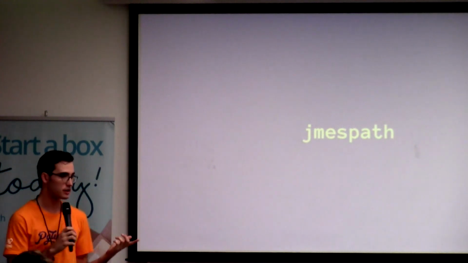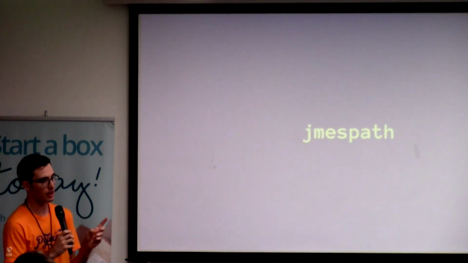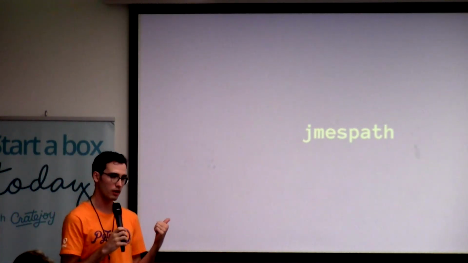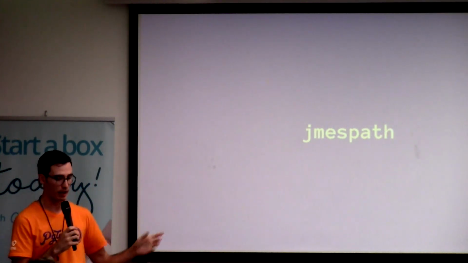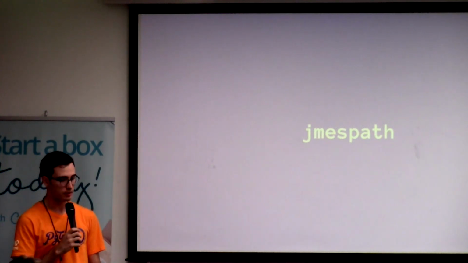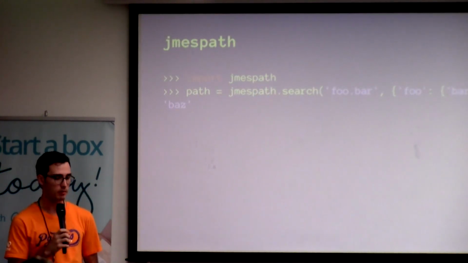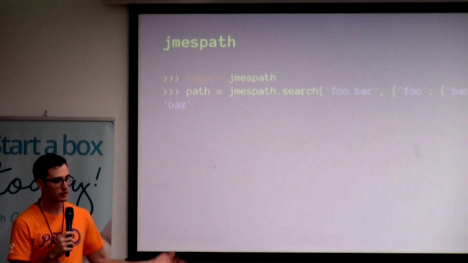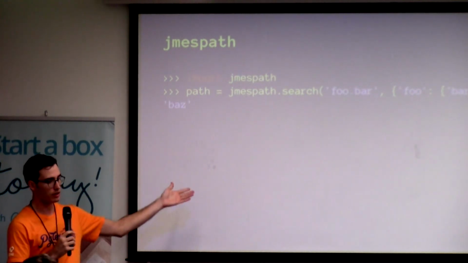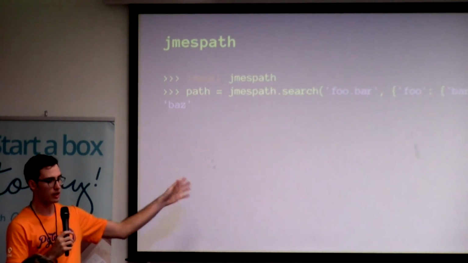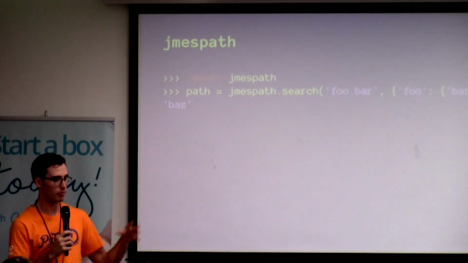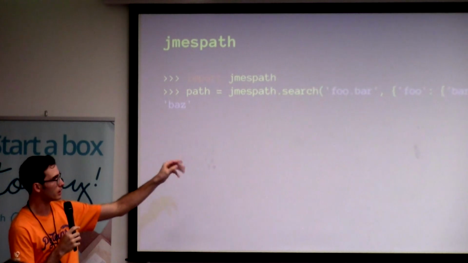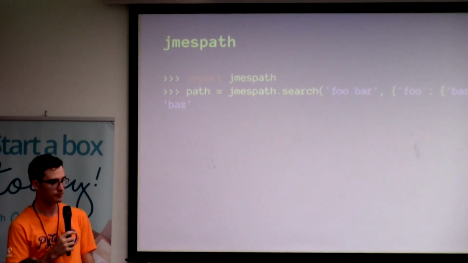But sometimes this is a little more obvious. So I actually didn't have a great answer to this until I met the maintainer of this library called, I learned it's called JMESPath. And his name is James, which means I already like it because it means he named it after himself. But he does this thing where you can give it a dictionary, and you can say something like foo.bar, and it'll traverse into the dictionary and parse that query against the data structure, and you can get baz out.